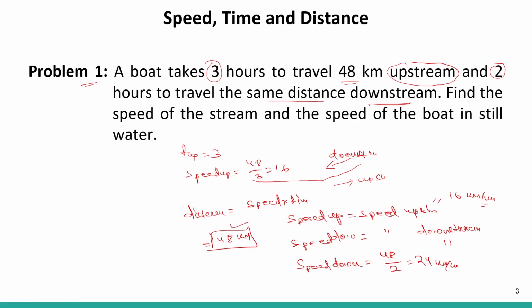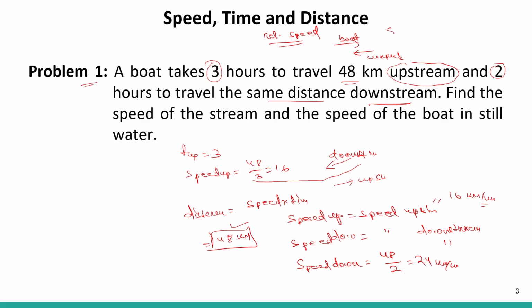Here we have to use the concept of relative speed. When the boat is traveling upstream, the current is in the opposite direction. So this is the current and this is the boat, and they are in opposite directions. Then their speeds get added up.